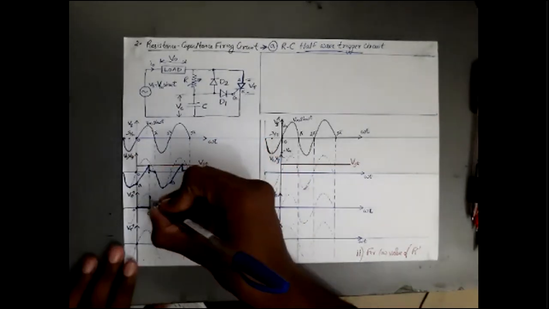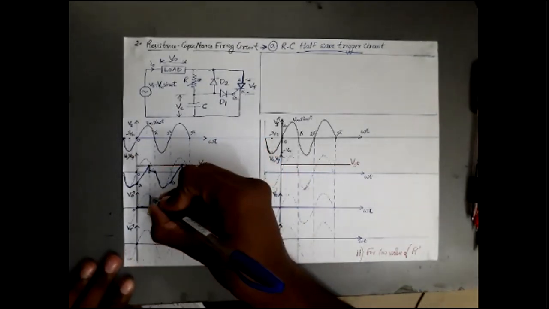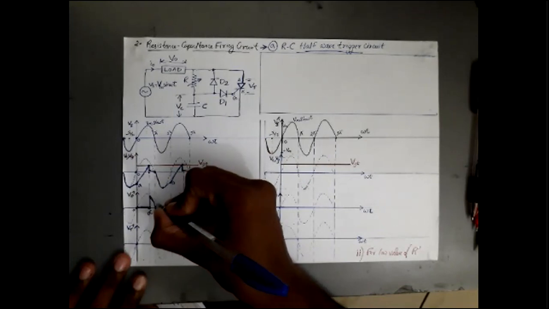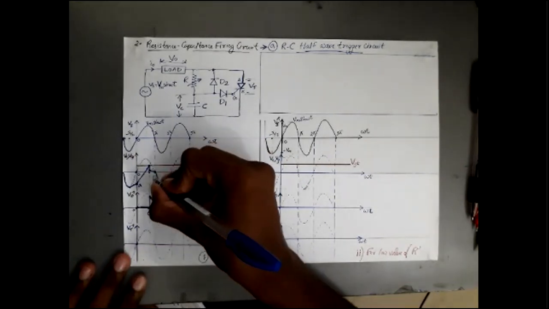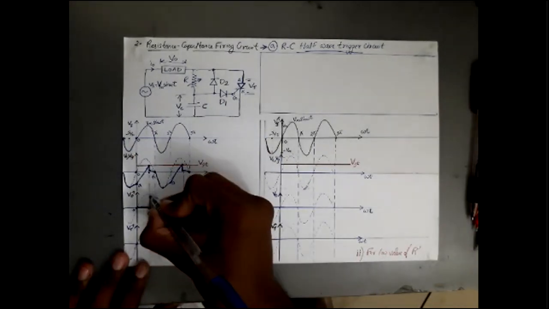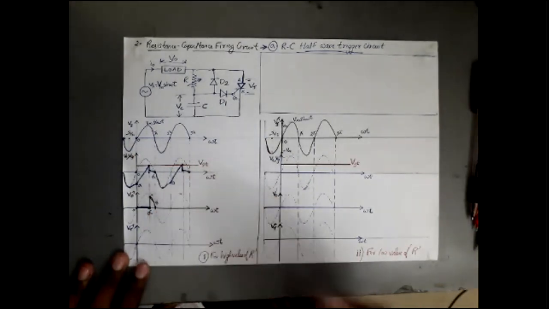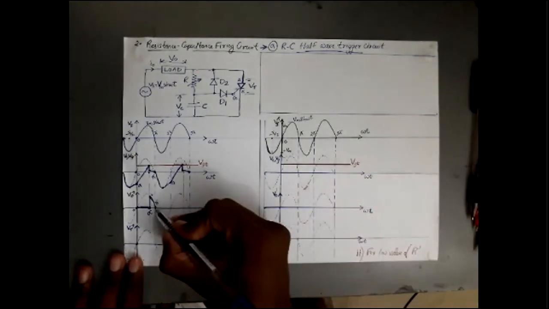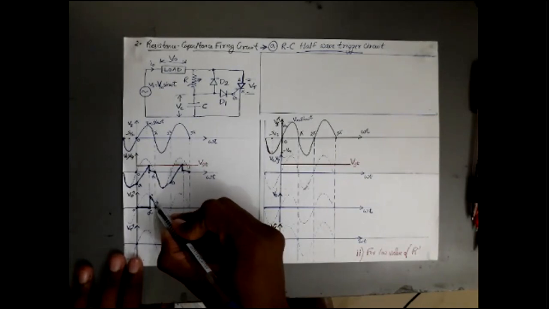So my V0 will take the path of Vs up to which point? Up to omega t equal to pi. At omega t equal to pi, V0 is equal to Vs. And after omega t equal to pi, what happens? The negative half cycle starts.